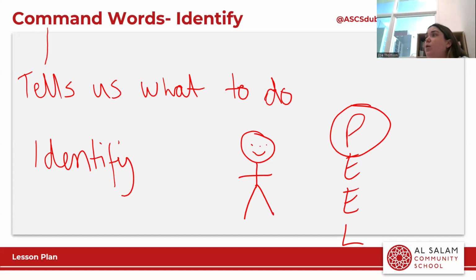We are identifying something. We are making a point. So if I said to you, identify the goods that were traded at each point in the triangular trades, you would say things like gold, weapons, tobacco, sugar, people, slaves. That is you identifying. Now, if I said to you identify 2 reasons, it's still the same thing.